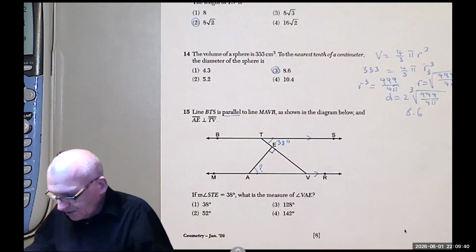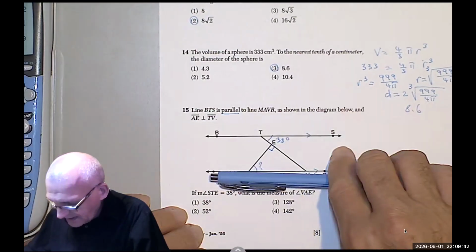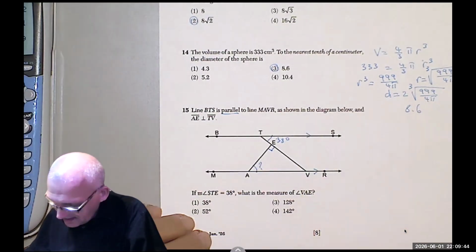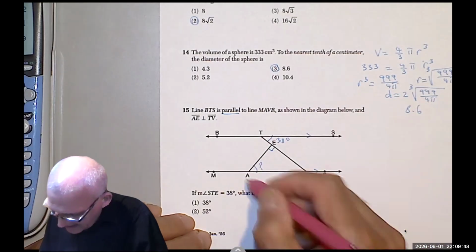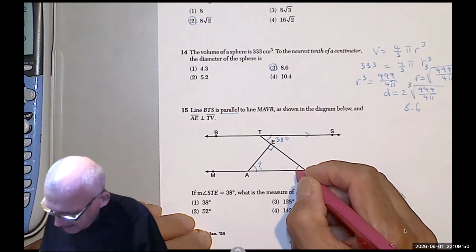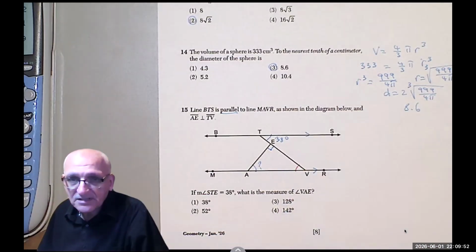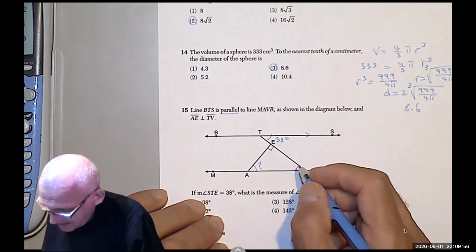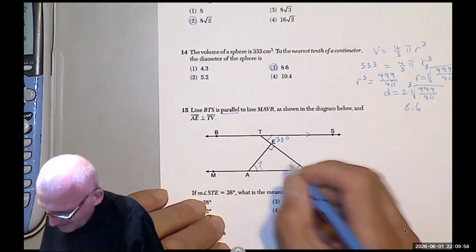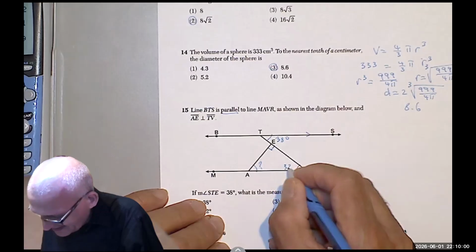Okay. Since these two lines are parallel, then angle STV and EVA are congruent, right? Alternate interior, right? So if this is 38, this is 38.